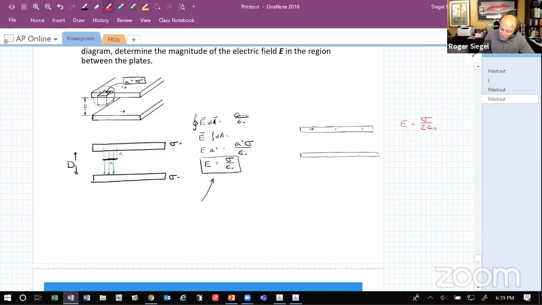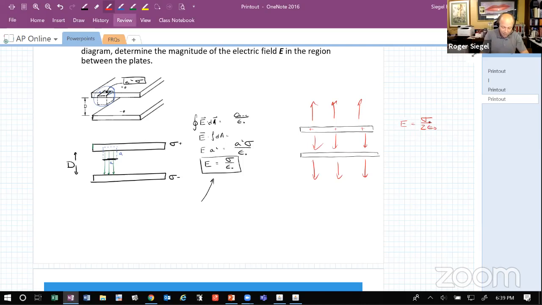So if this is a positive plate, it has an electric field pushing out from it in all directions. And what was really interesting, I want to remind you about this, is notice that there's no d here. It doesn't matter how far I am from the plate.